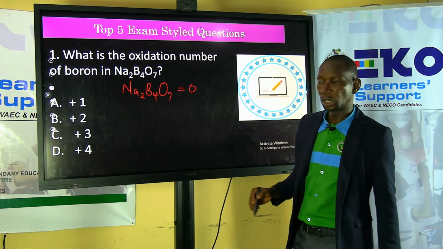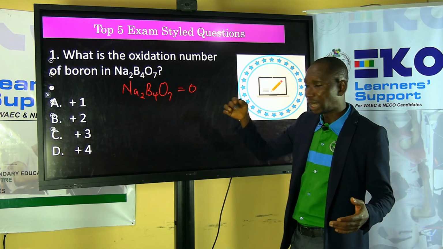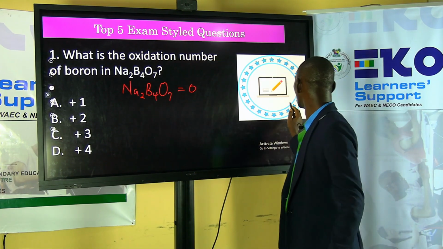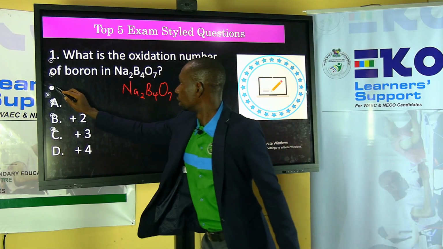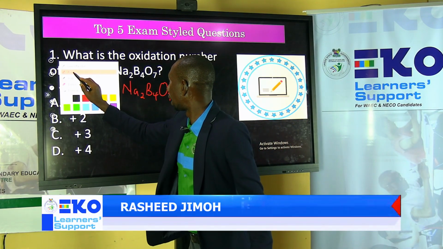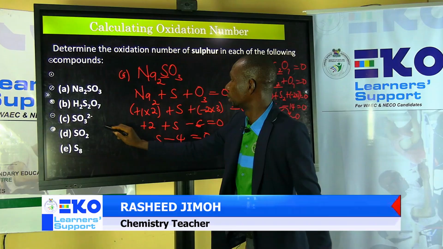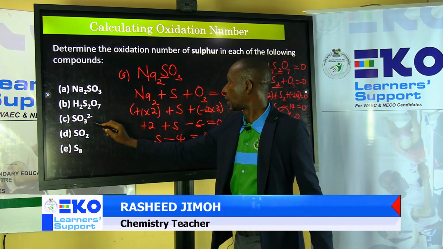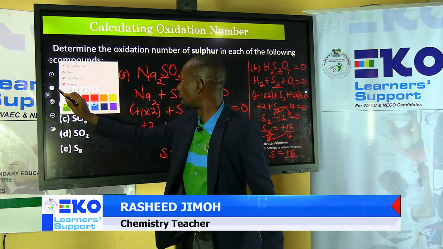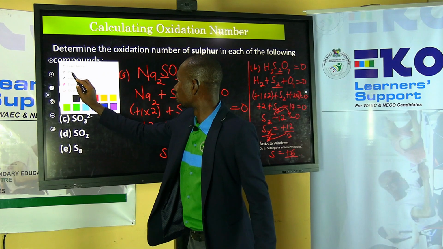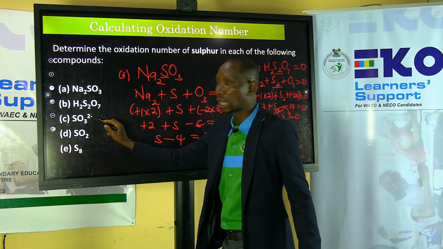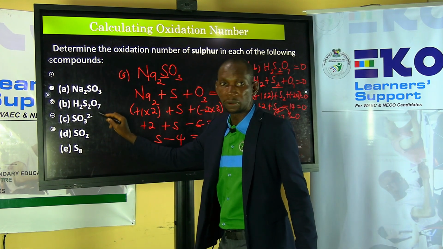Why is it equal to 0? Because it's a compound. But if it is an ion, for example, like one of the questions that I asked you to do earlier on, what you have to take note of here is the fact that the sum of the oxidation numbers is not going to be equal to 0 because this is a radical.